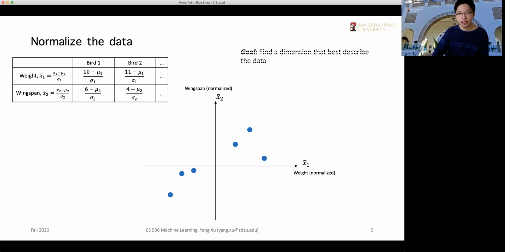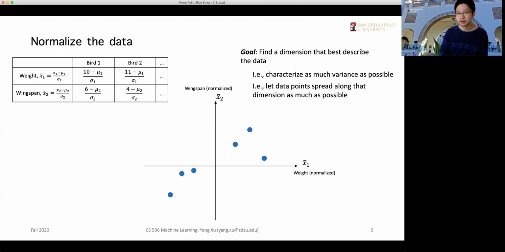So our task is to find a dimension that can better describe the data, so that more variance is accounted for or explained. In another way, the data points should spread along that new dimension as much as possible.